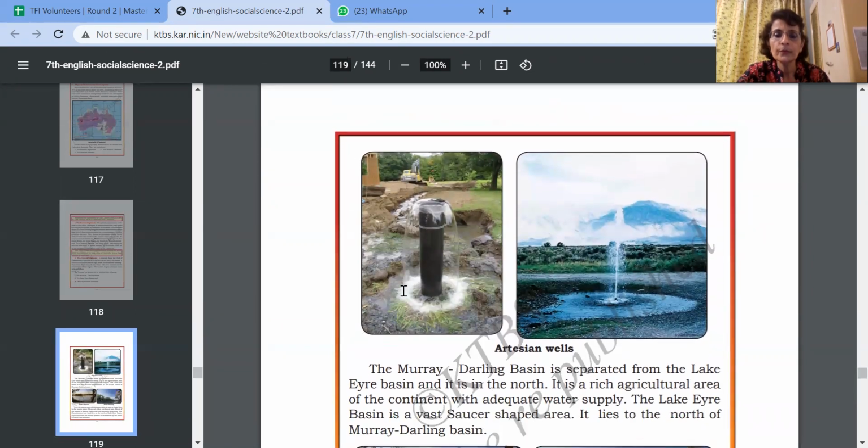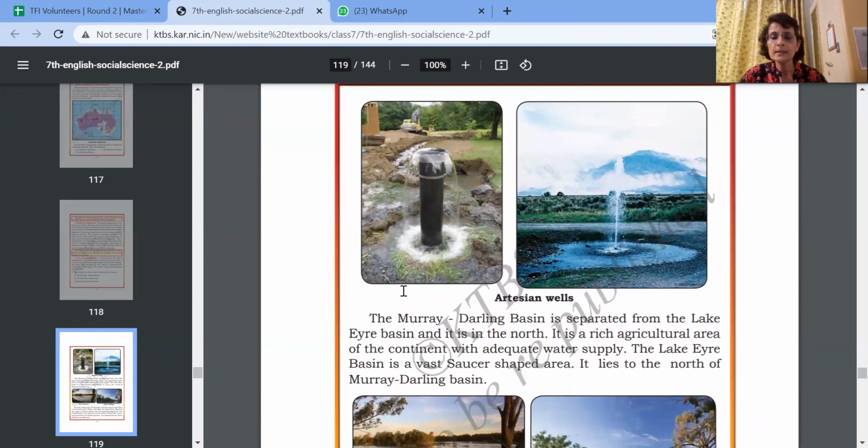Now, see, here is a picture of the artesian wells. So it is very rich in, because it's got a lot of inland water. It's very rich in water, in fresh water. The Murray-Darling Basin is separated from the Lake Eyre Basin, and it is in the north.